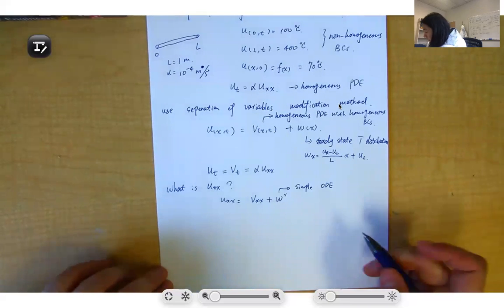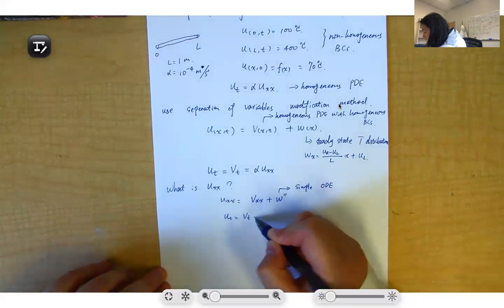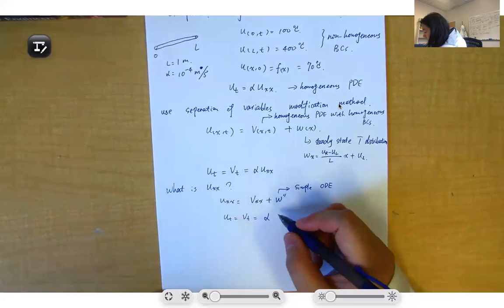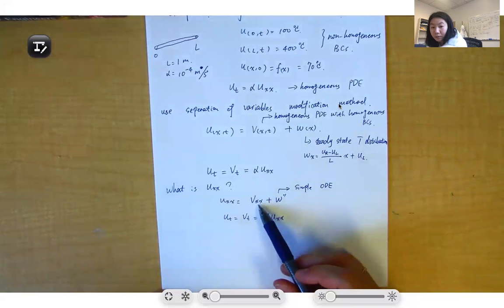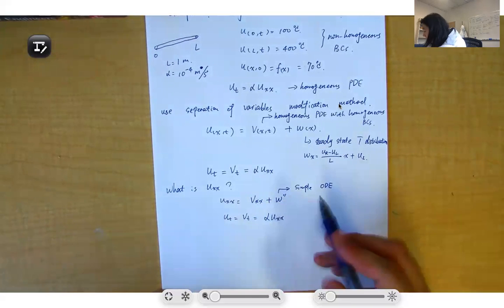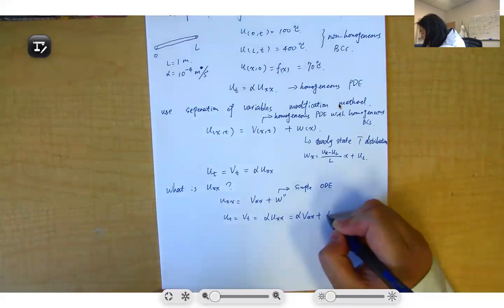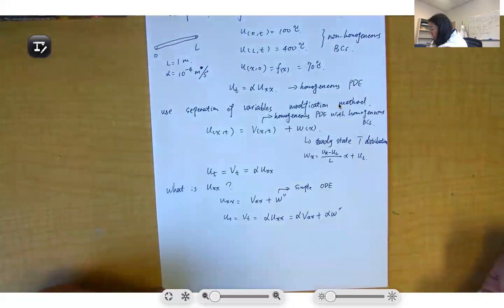Then we have U_t equals V_t equals alpha U_xx, and since U_xx equals V_xx plus W double prime, that will be equal to alpha V_xx plus alpha W double prime.